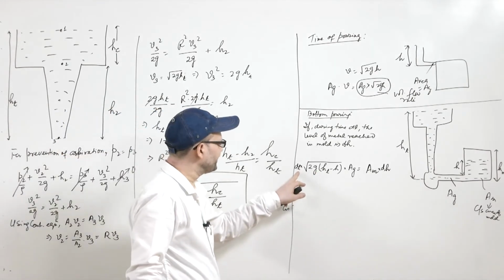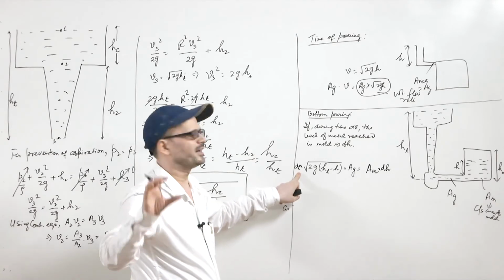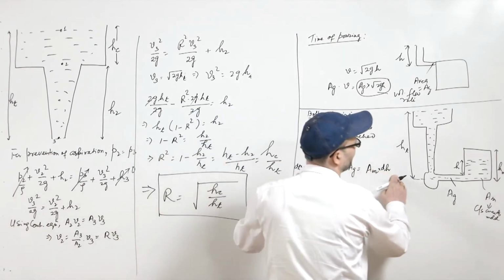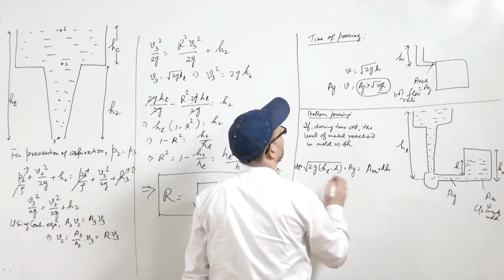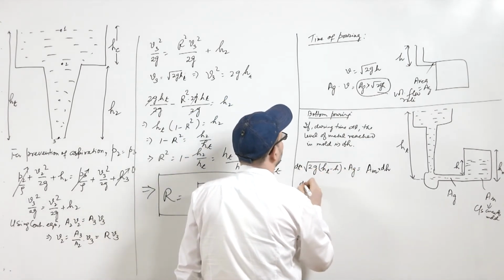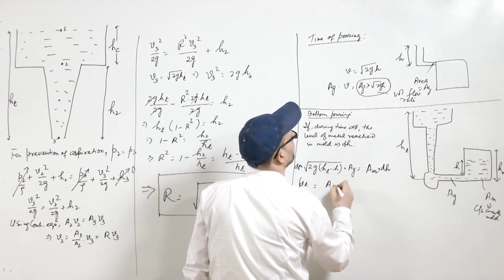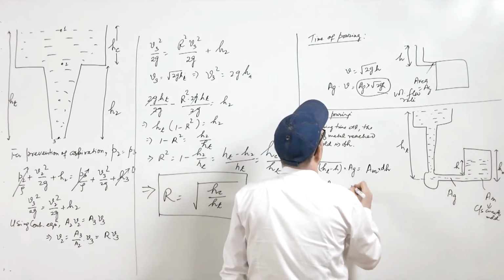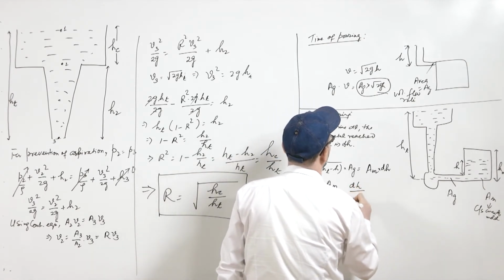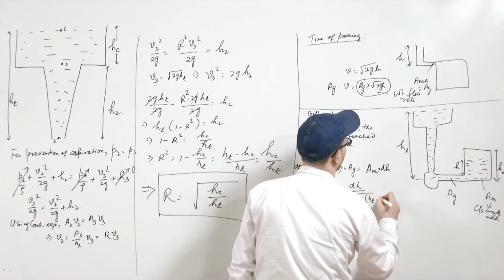Now, the integral of dt will give you the total time taken, and dh will go from 0 to hm. So, the integral of dt will be AM upon AG into dh upon root 2g (HT minus h).